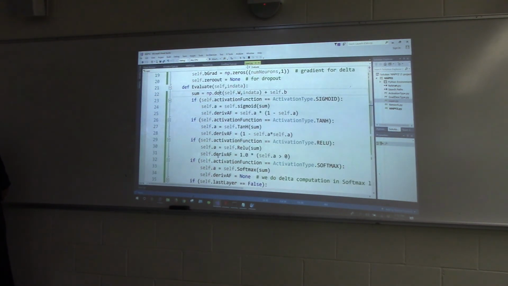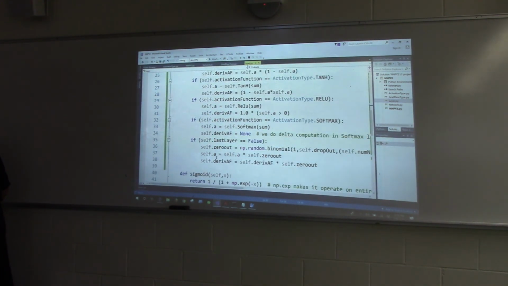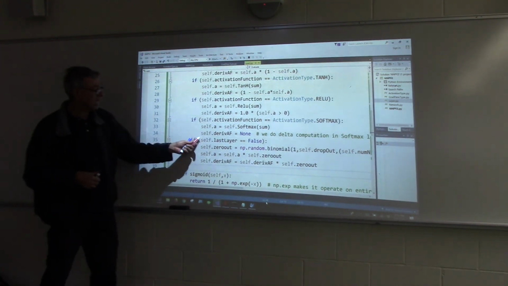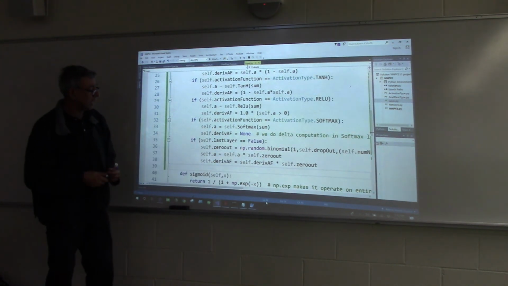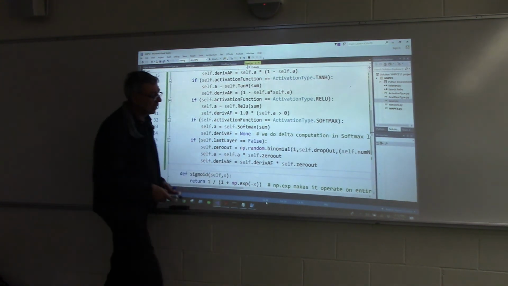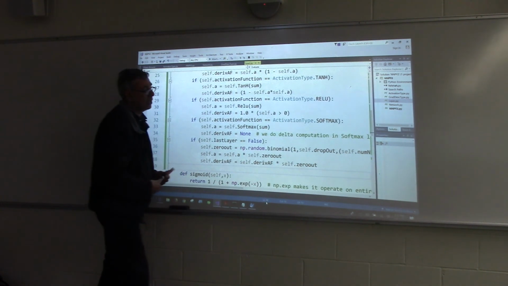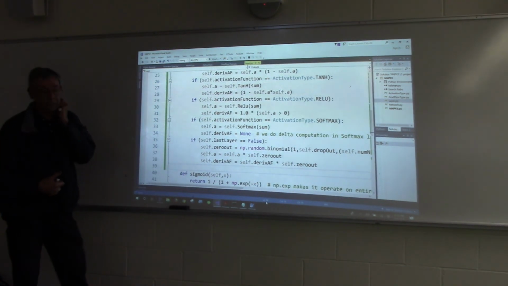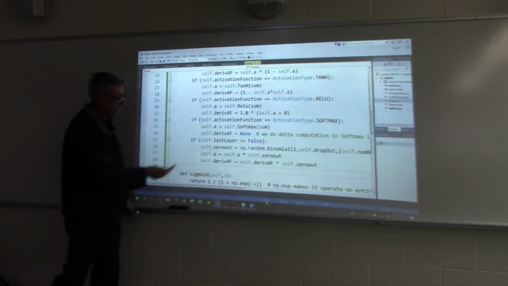As I go to the evaluate, take a look over here. Like I said, we don't apply the dropout to the last layer. So if the last layer is false, then binomial, somebody will give us the dropout, like 0.8 or whatever, right?